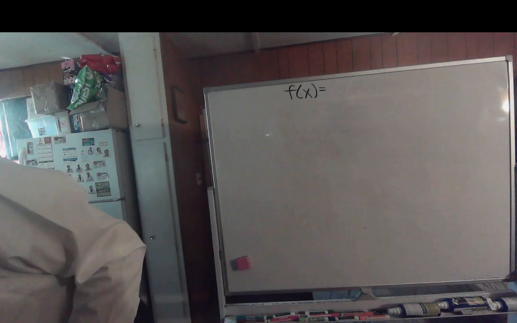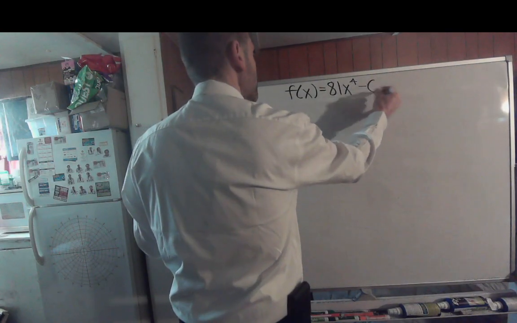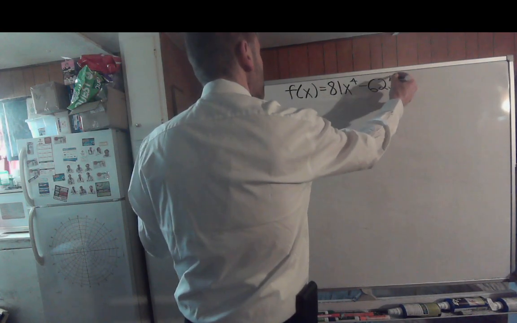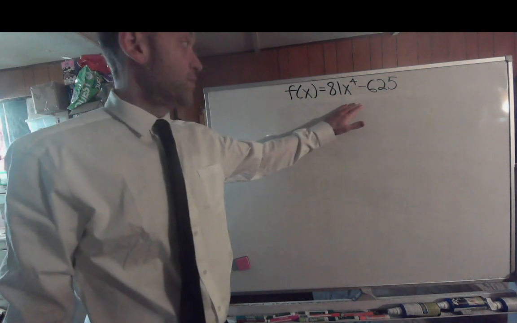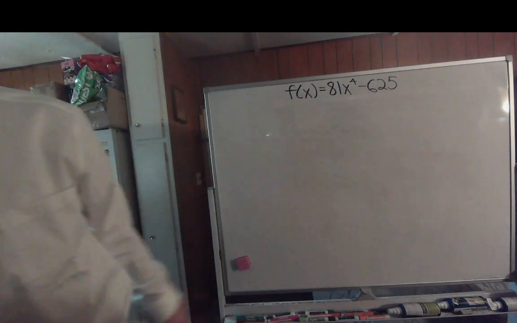Alright, so we have f of x equals 81x to the fourth minus 625.